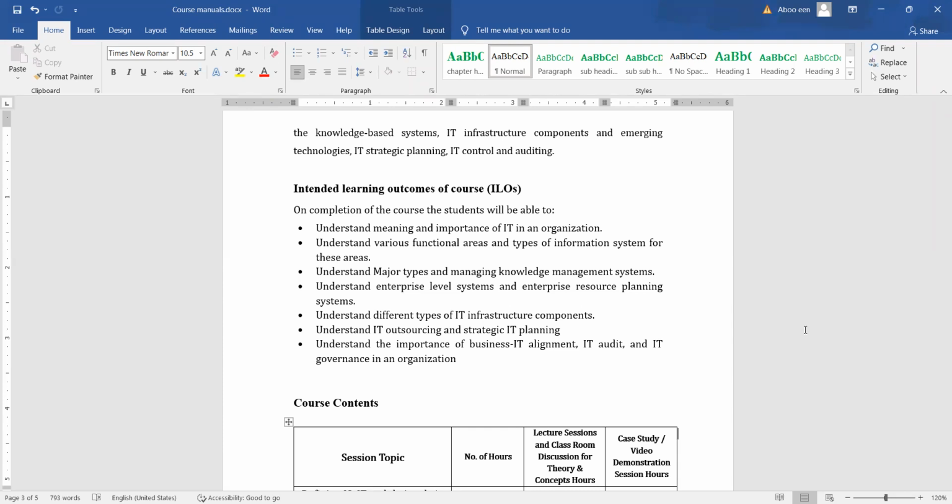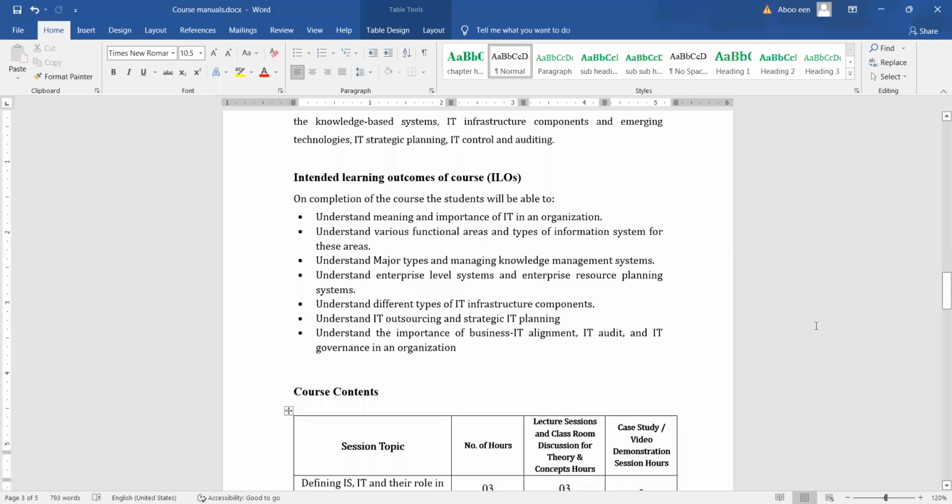What is strategic IT planning, and how are they supportive for an organization? Finally, the students can understand the importance of business IT alignment, IT audit, and IT governance in an organization. So how business objectives and IT objectives are aligned together, which becomes business IT alignment, and IT auditing and IT governance in an organization. So these are the intended learning outcomes from this subject.